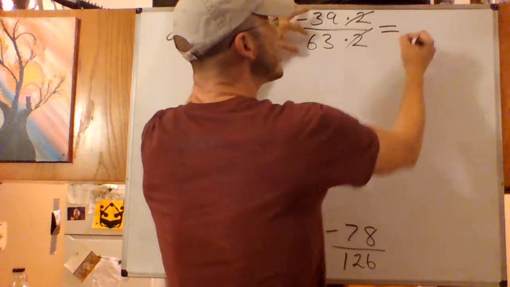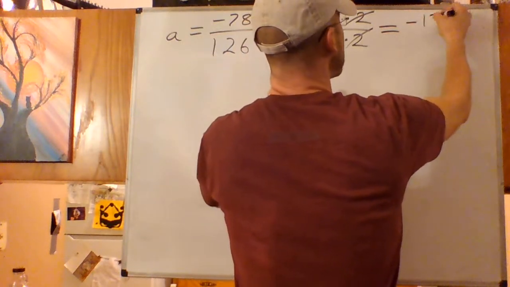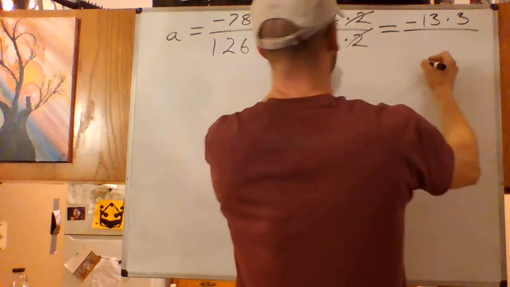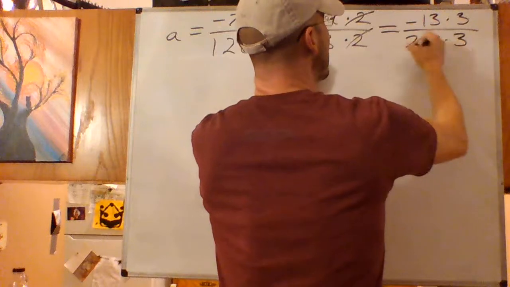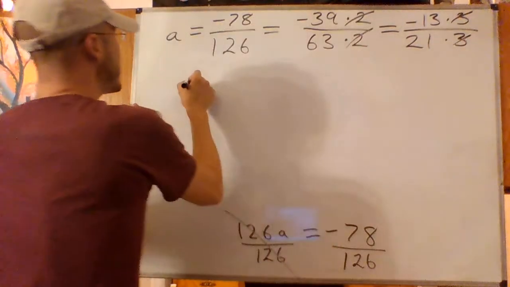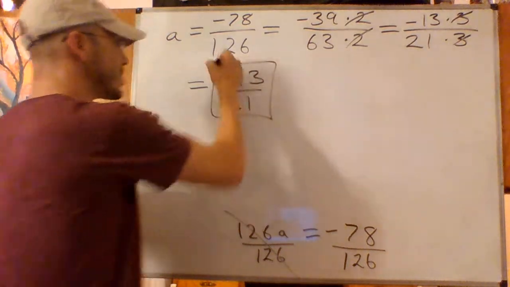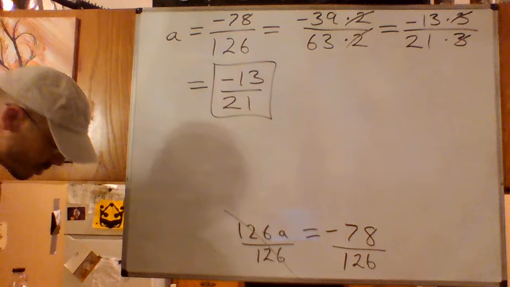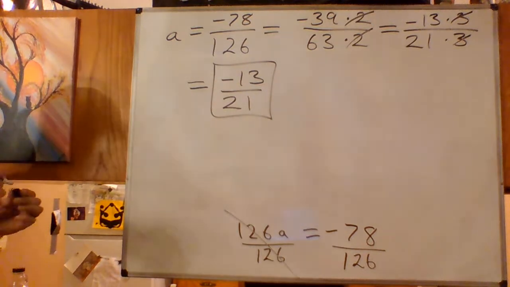Now, both of these are multiples of 3. Negative 13 times 3 and 21 times 3. If I cancel those factors of 3, I get negative 13 21sts. That should be, yeah, negative 13 21sts is the solution.